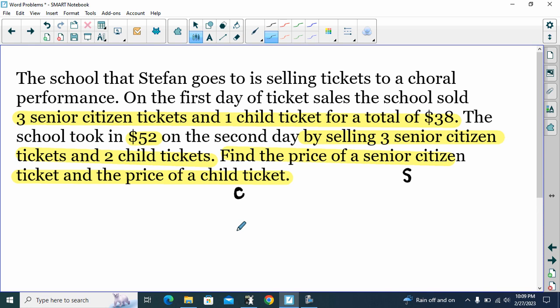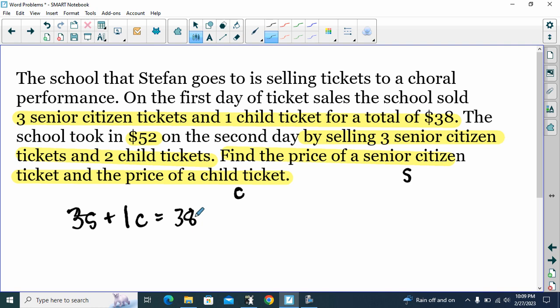We need to formulate 2 equations relating C and S. So we know if we purchase 3 senior citizen tickets, 3S, plus 1 child ticket, 1C, that's going to give me a total of $38.